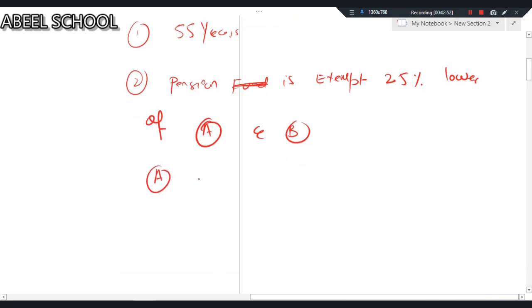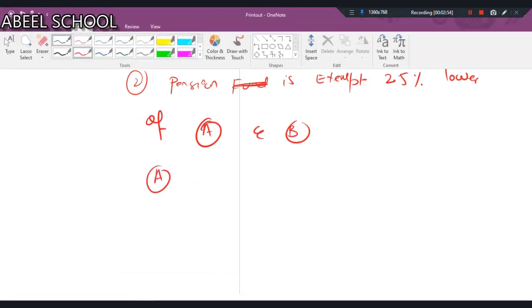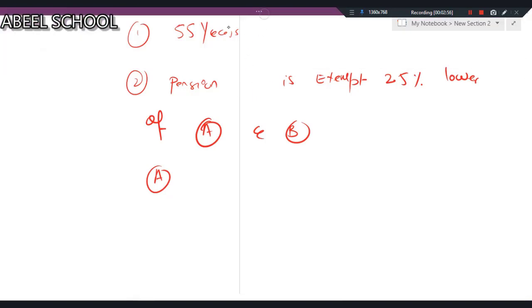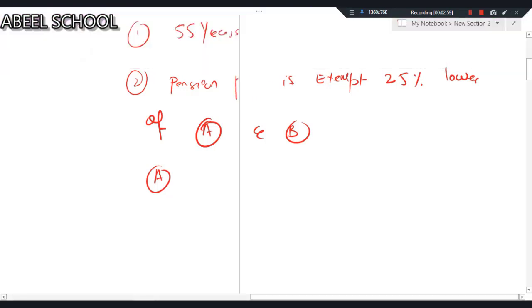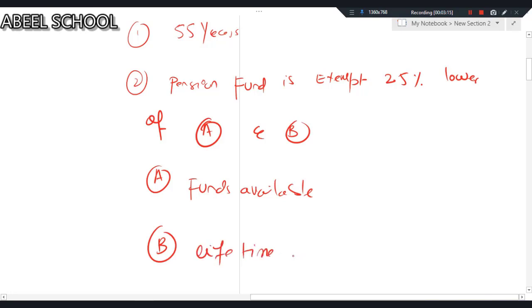Funds available. Now make it pension fund, no issue at all. Number one, funds available at the time of 55. And the second is the lifetime allowance, lifetime pension allowance, which is 1,073,100.